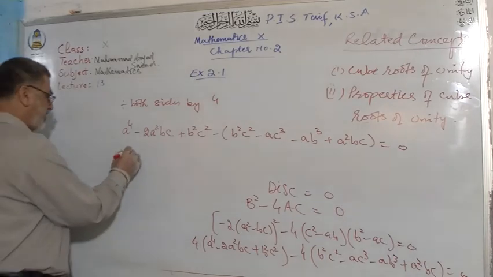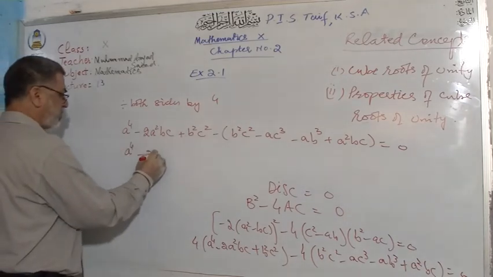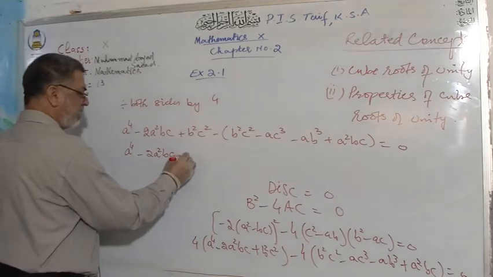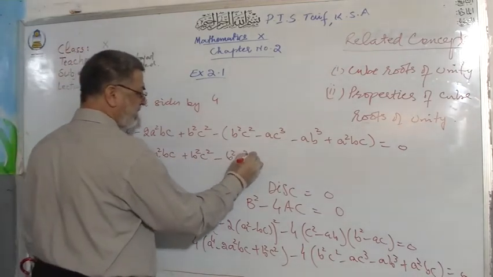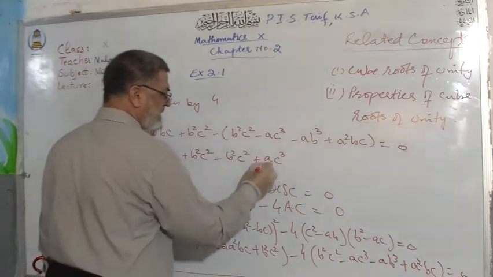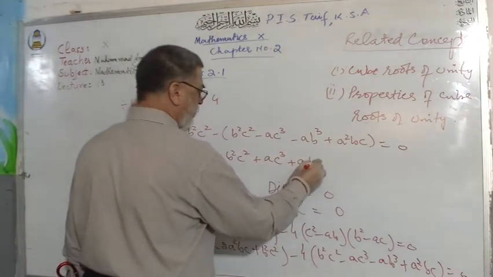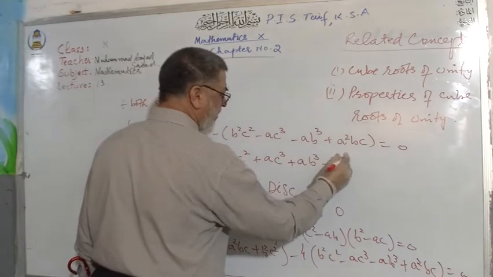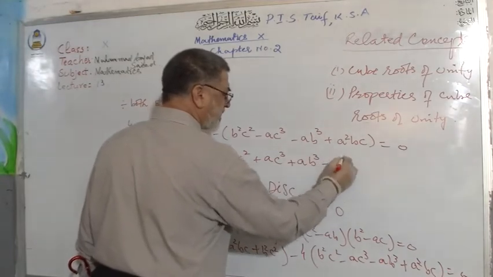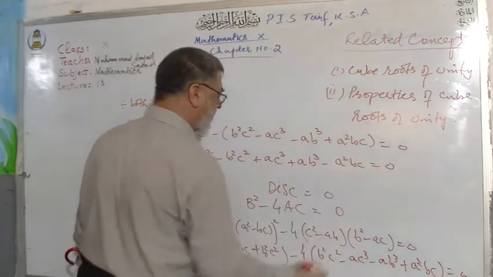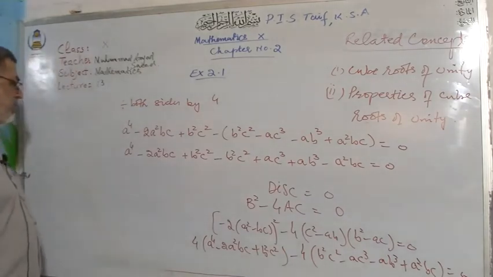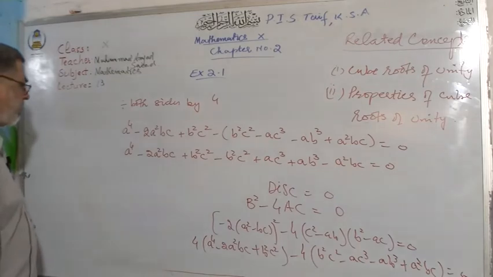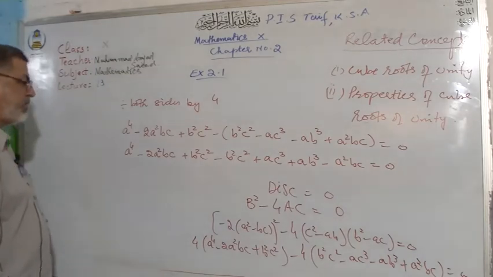So we have a4 minus 2a square bc plus b square c square minus b square c square plus ac cube plus ab cube minus a square bc, that is equal to 0. Now we will rearrange.